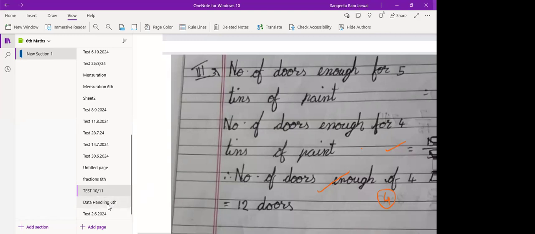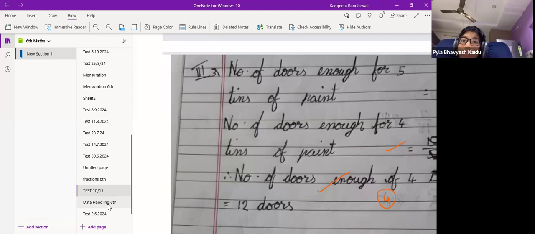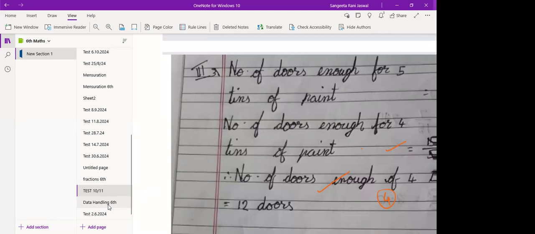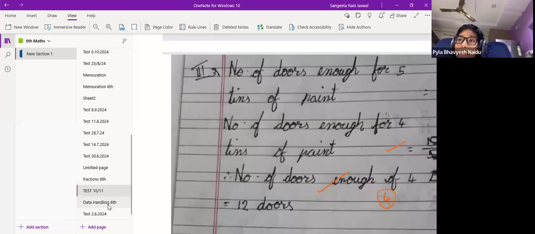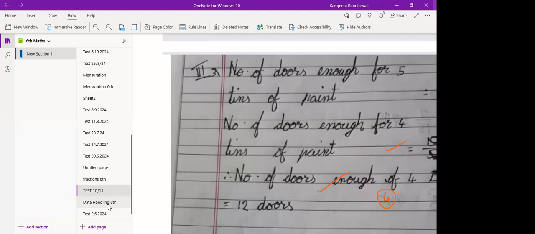So today we'll be starting with the new chapter. All your concepts are clear about this chapter? Adya? Bhavesh? All clear? Any doubt in this chapter, ratios, proportion? No, ma'am.